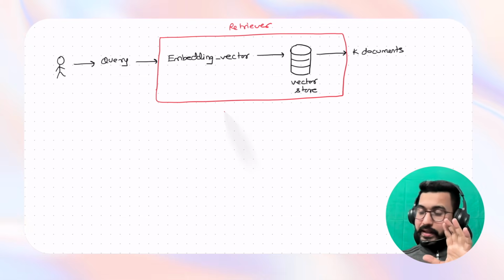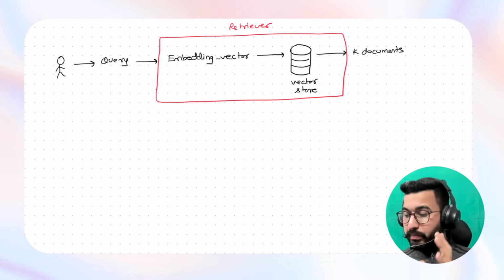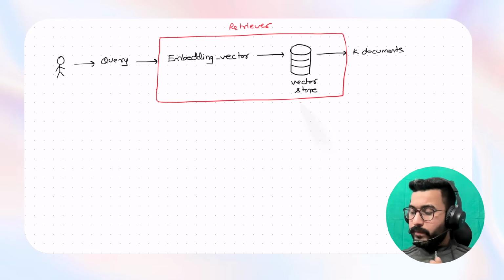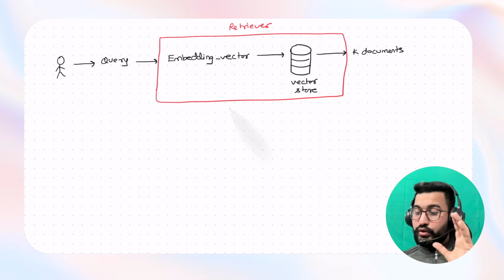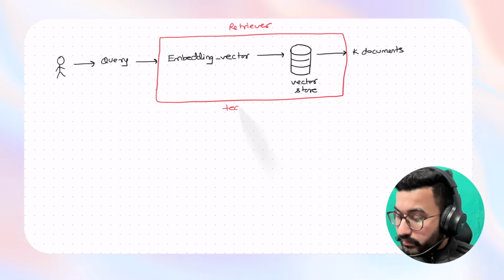Now, one thing which is very important right now is that though I can do this using the vector store method, which is similarity search and similarity search with score, we can use the techniques over here.